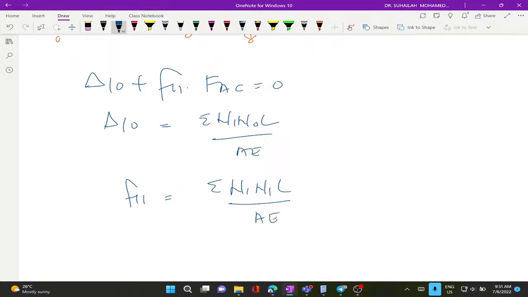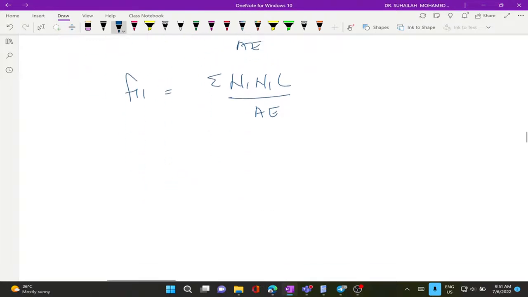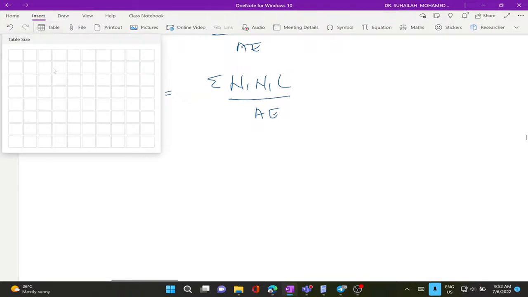So we create the table down here. It should have member, length, N naught, N1, N1 N naught L, N1 square L, and lastly N. All 6 members, 7.